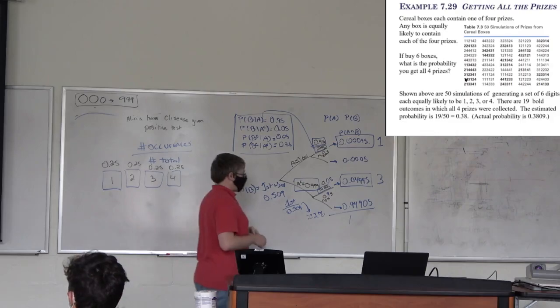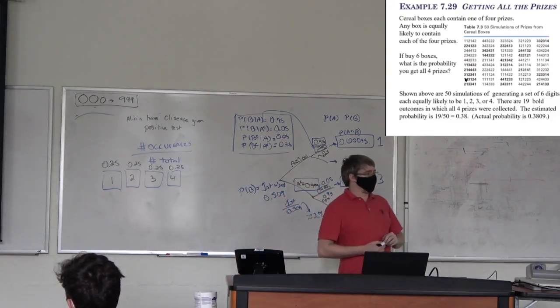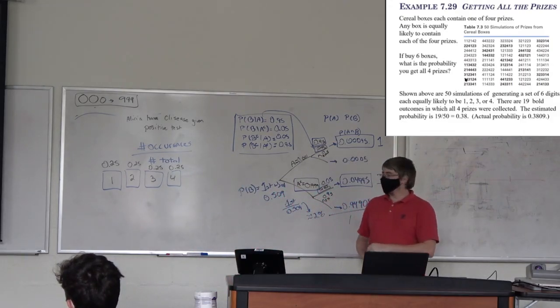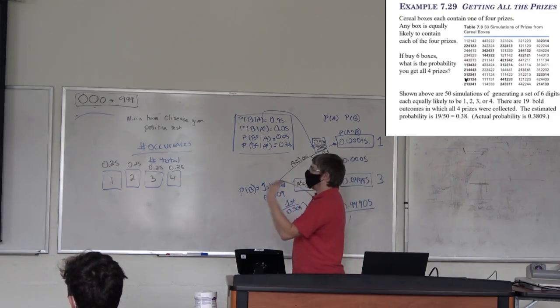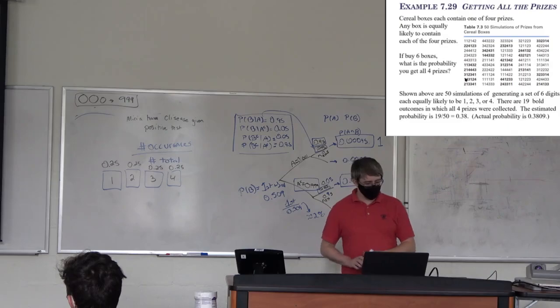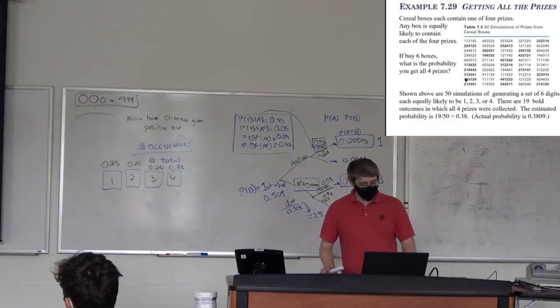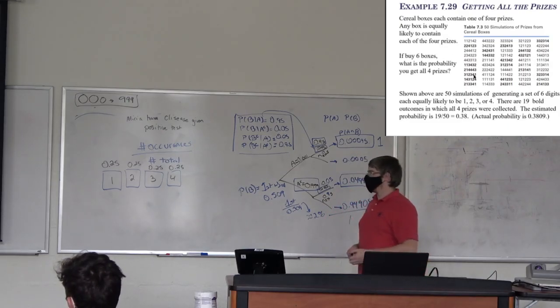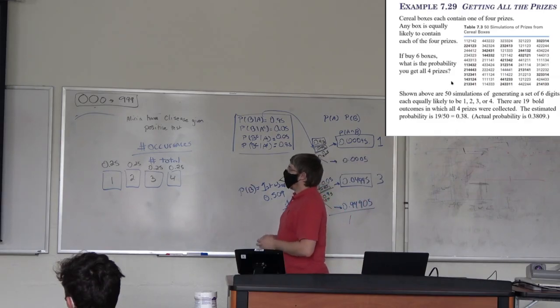I don't want to just write out the basic probability. It's going to take a lot of math, a lot of steps to write out for 6 times, so I'm going to want to simulate this. In this case, the book simulated 50 simulations of prizes from cereal boxes.